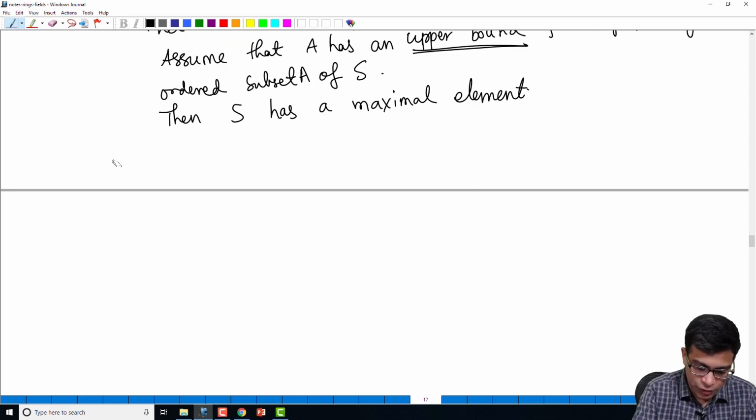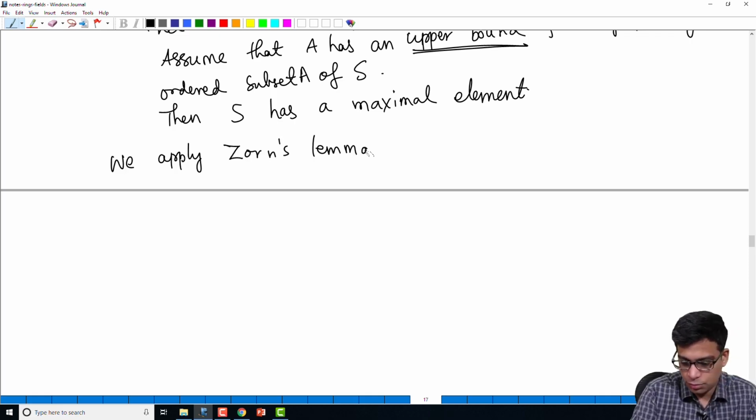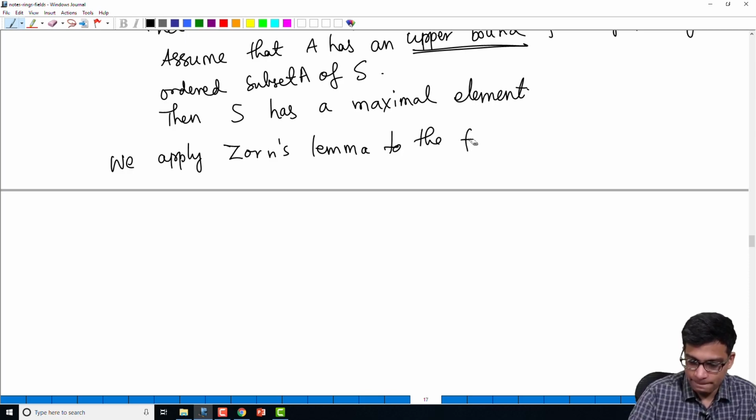So now we apply Zorn's lemma to the following set.